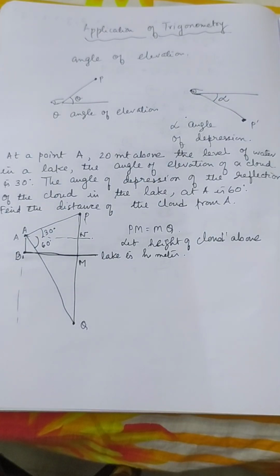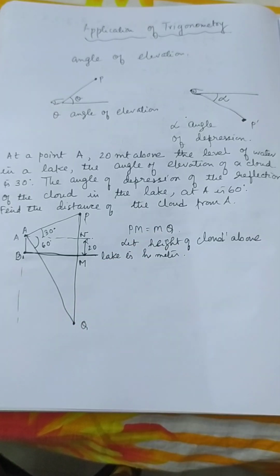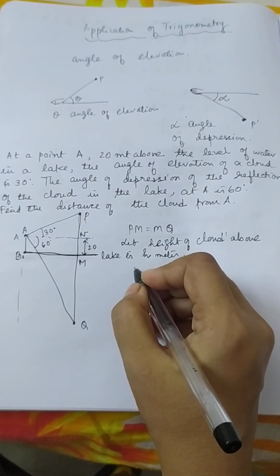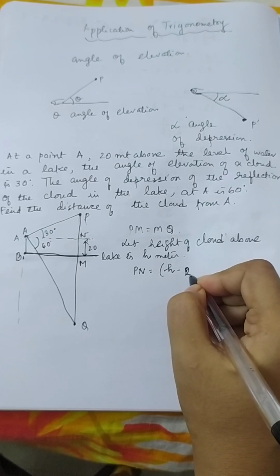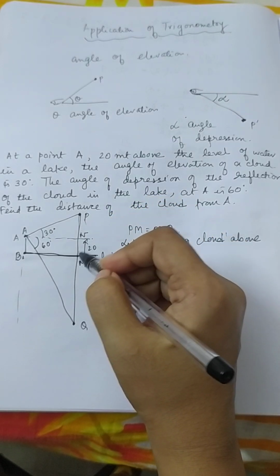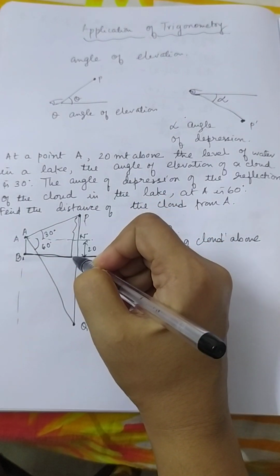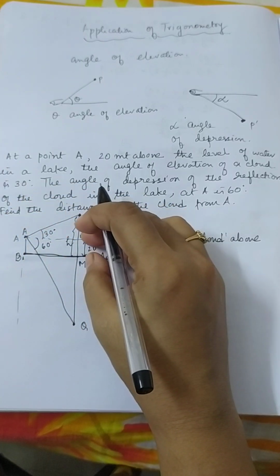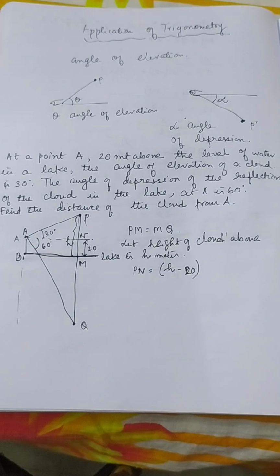Obviously, then, it is 20, because AB and NM are the same. So what would be the height of PN, this length? PN obviously will be h minus 20, because from the lake level the height of the cloud I have taken as h, and as it is 20, the same here NM is also 20, so the height of PN will be h minus 20.